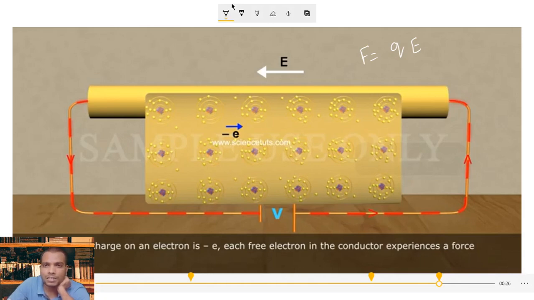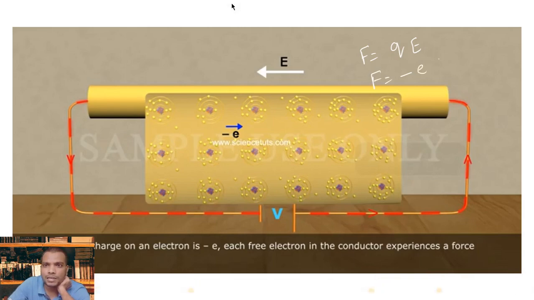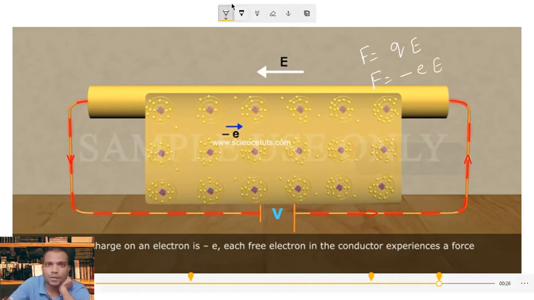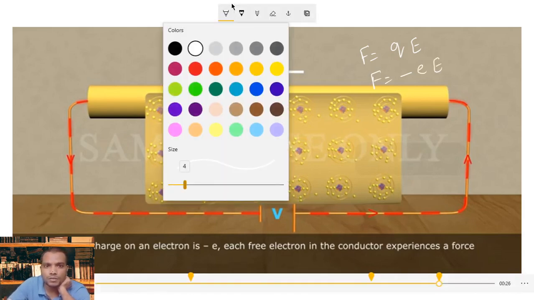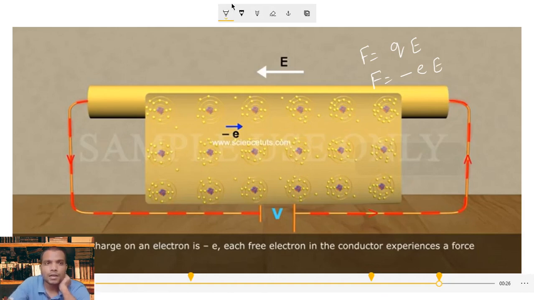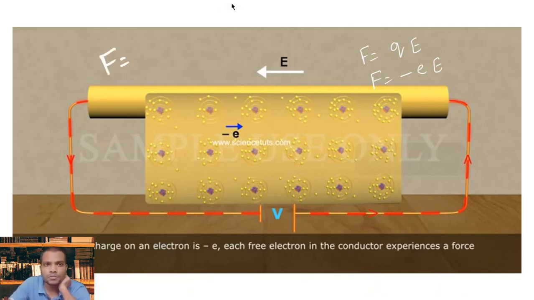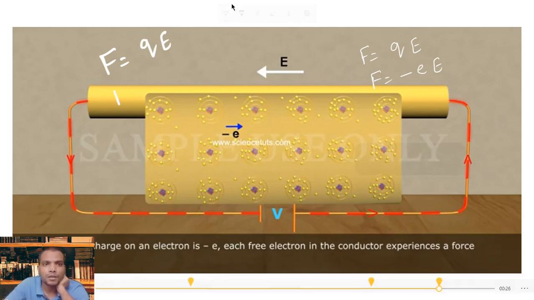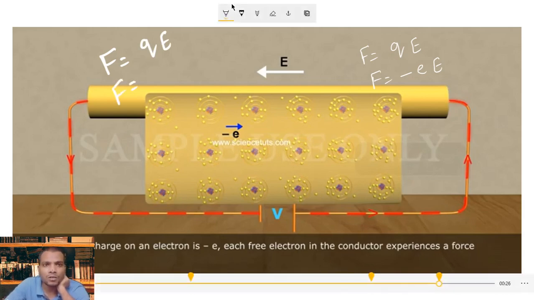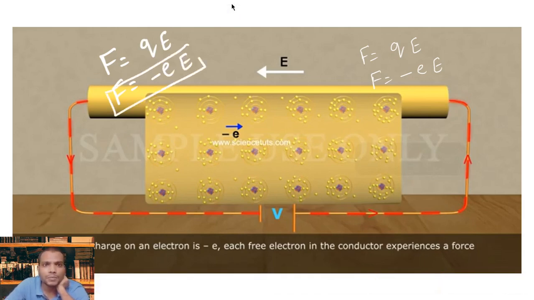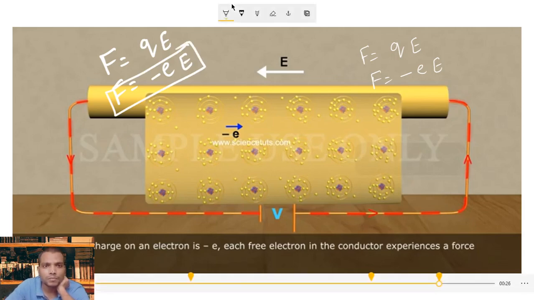So here my charge is an electron, so Q equals minus e. Now this is the force experienced by the electrons.